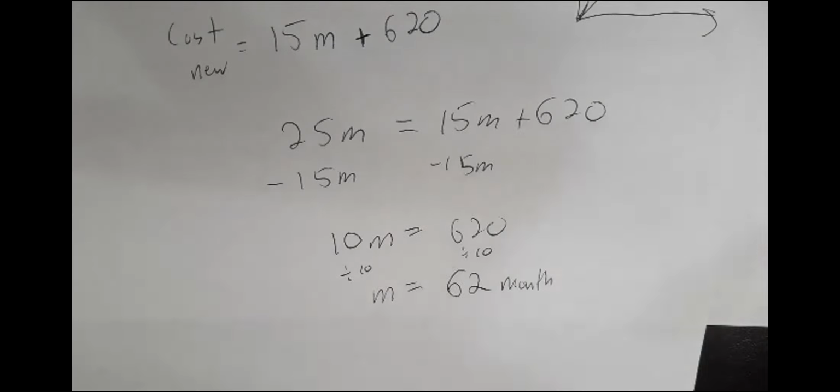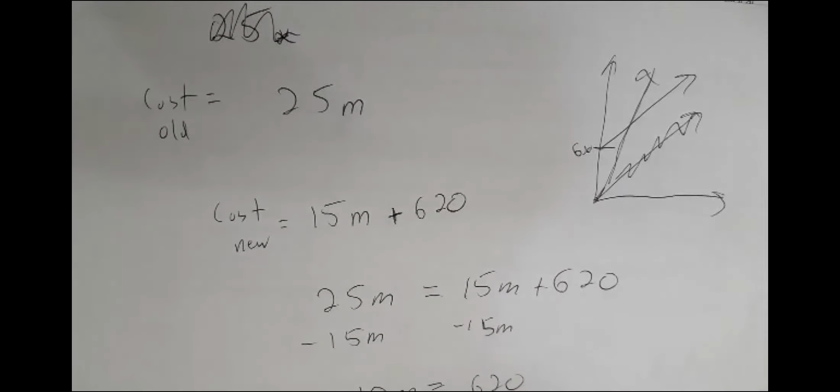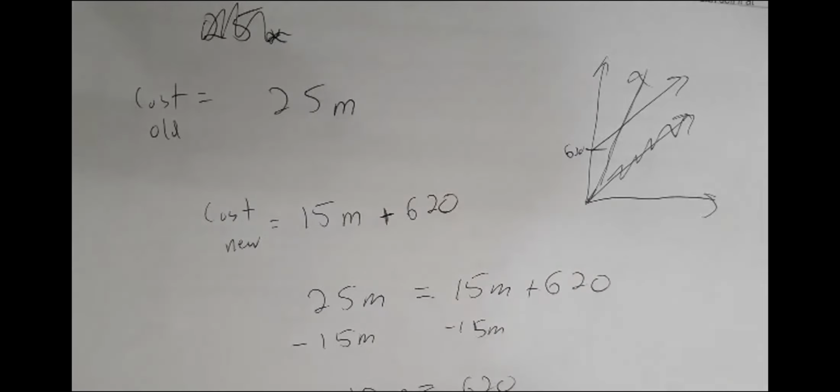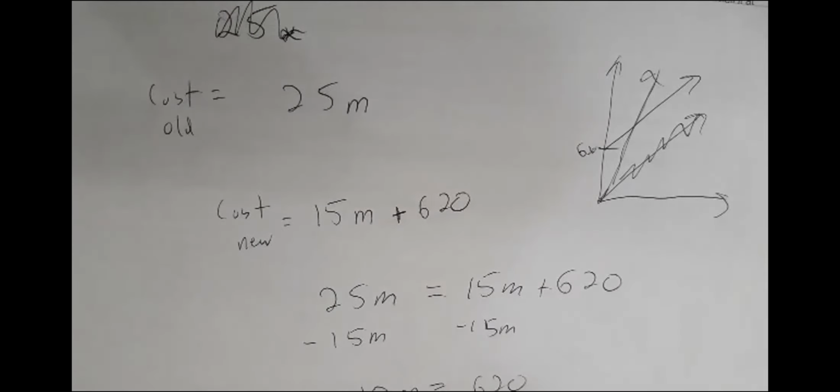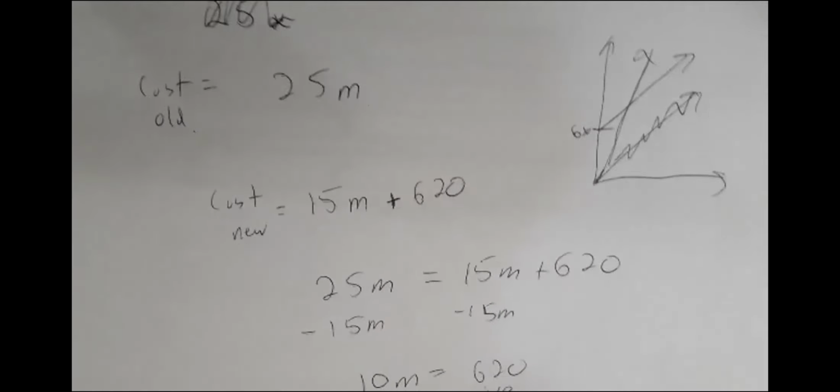Are there any questions about this, about how to do this sort of setup for the price? If it's 25 per month, it's 25 times the number of months. If it's 15 per month plus 620 down, it's 15 times the number of months plus that flat rate of 620. So like I said, this is linear modeling.